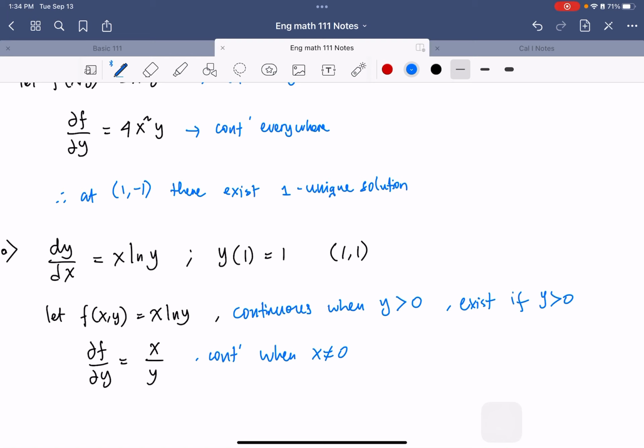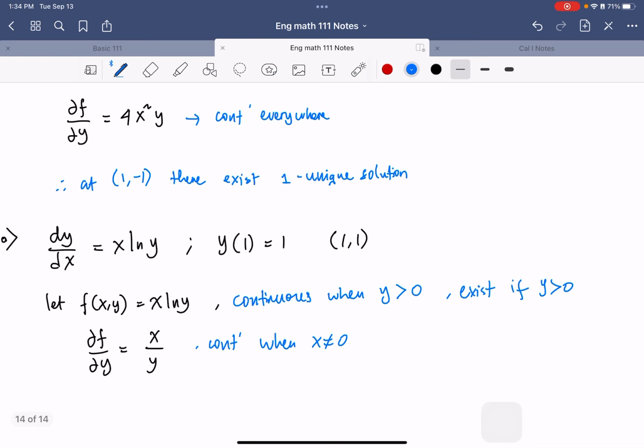So from these two, existence and uniqueness, we can say, so maybe let me write down here, at (1, 1), if we plug in the numbers, there's nothing wrong with the numbers, right?